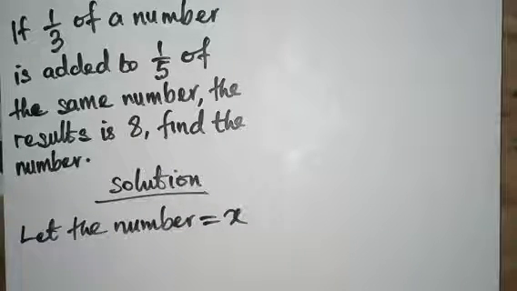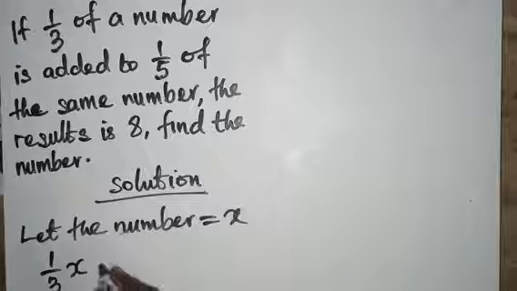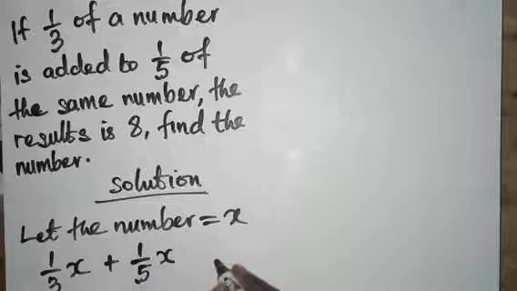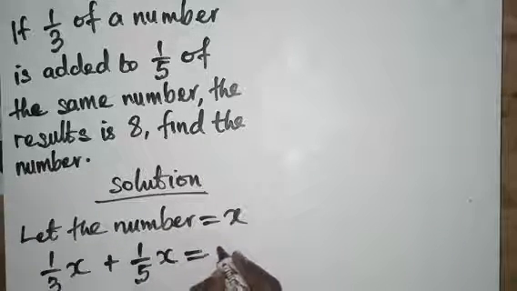So if the number is x, then what will be the next thing? Then we said 1/3 of x. 1/3 of a number is added to 1/5 of that same number equals 8.